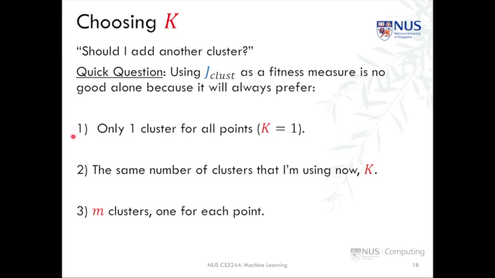There would only be one cluster for all of the points. So k equals 1 all the time if we're measuring by J-clus. 2. It would always output the same number of clusters that I'm already using. So if I decide k equals some number, it's going to end up that way. Or 3. I would have m clusters in total, 1 for each point. Go ahead and pause and reason it out, and then continue on.